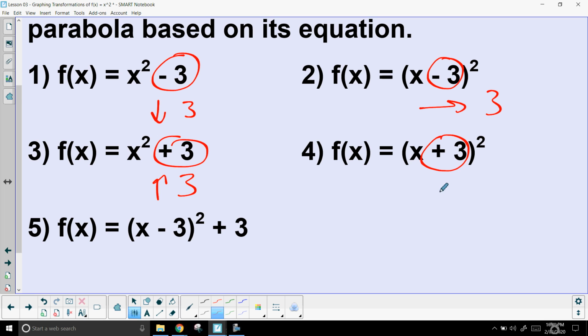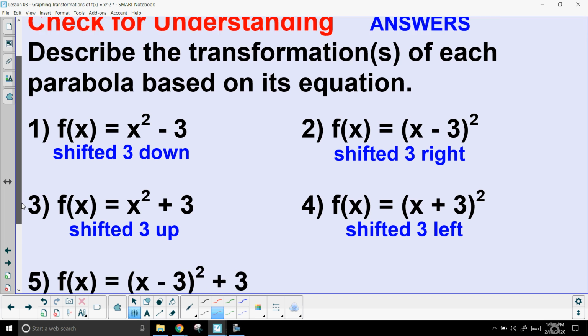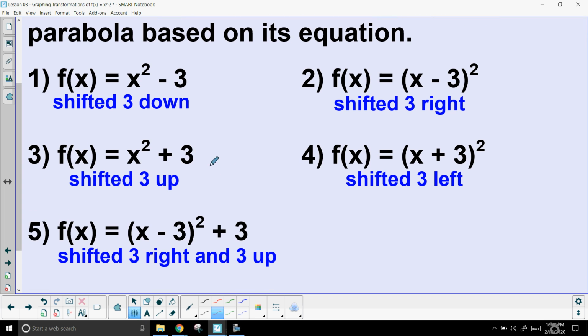This is a combo. This means we're going right. This means we're going up. So right 3, up 3. Let's check my answers. Shifted down, check. Shifted right, check. Left, up, right, and up.